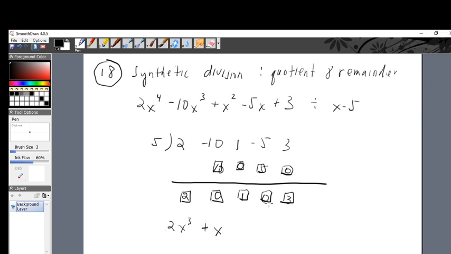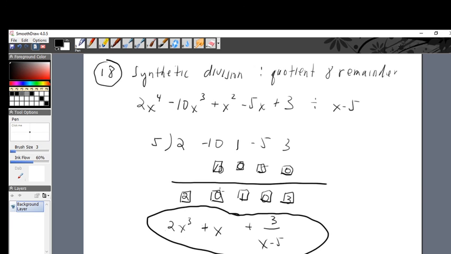Then there's no constant, but there is a remainder, plus 3 over x minus 5. So Alex wants to see this and this as their final answer.